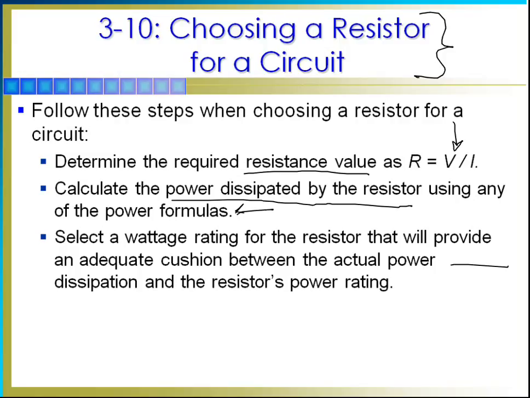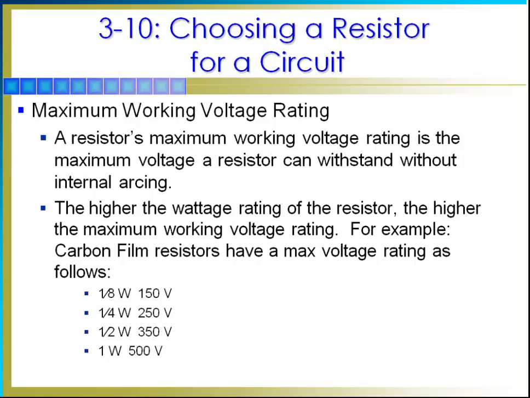And then we select a wattage size that's going to give us a buffer, and we normally double that. However, it is possible to get a wattage size and a resistor value that still won't work within voltage limits.